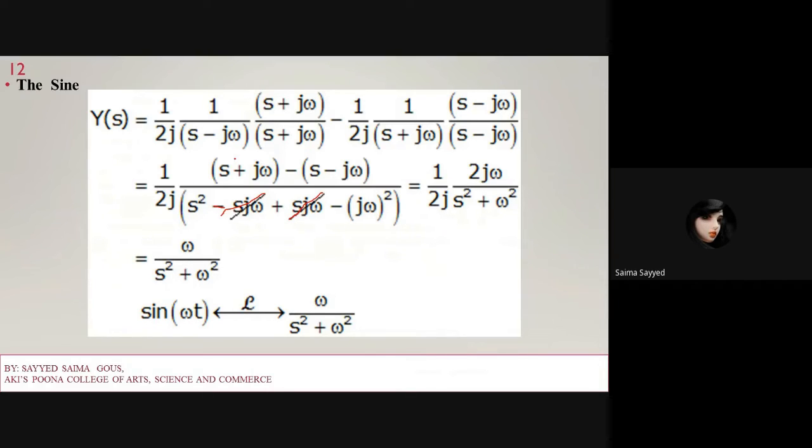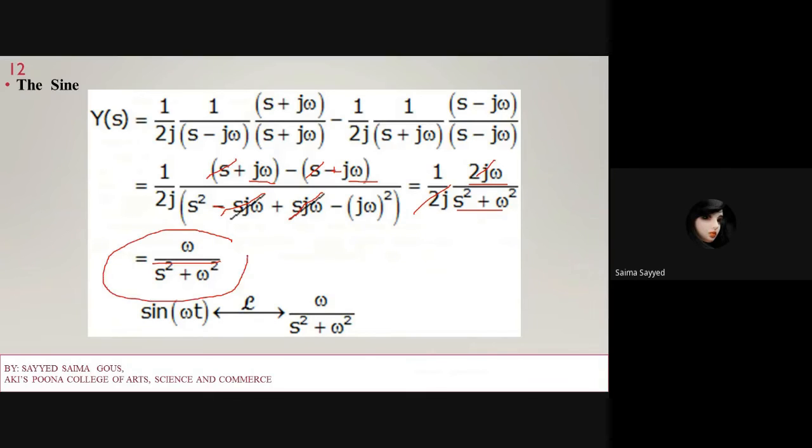Here minus s and plus s get cancelled, so it will become 2, and minus minus becomes plus, so j omega plus j omega is 2 j omega, and in the denominator s square plus omega square. Now this 2j gets cancelled, so it will become omega divided by s square plus omega square.